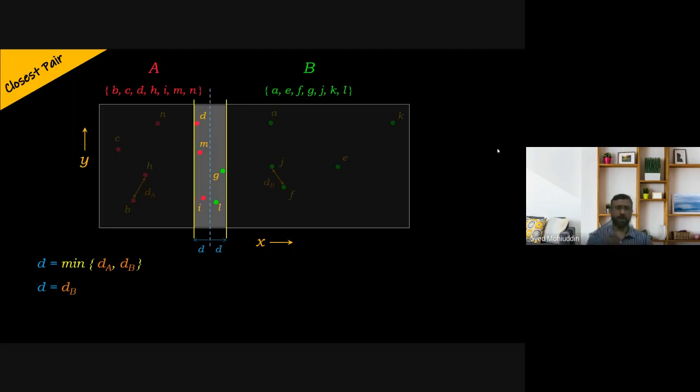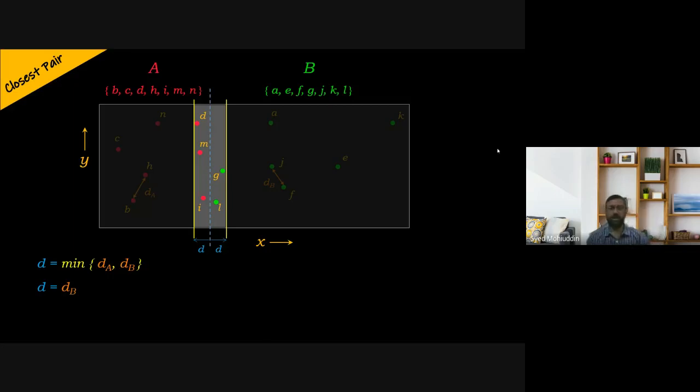So actually, when we divide a line, we have 3 cases. The closest pair can be in partition A, or the closest pair can be in partition B. So these are the 2 cases.